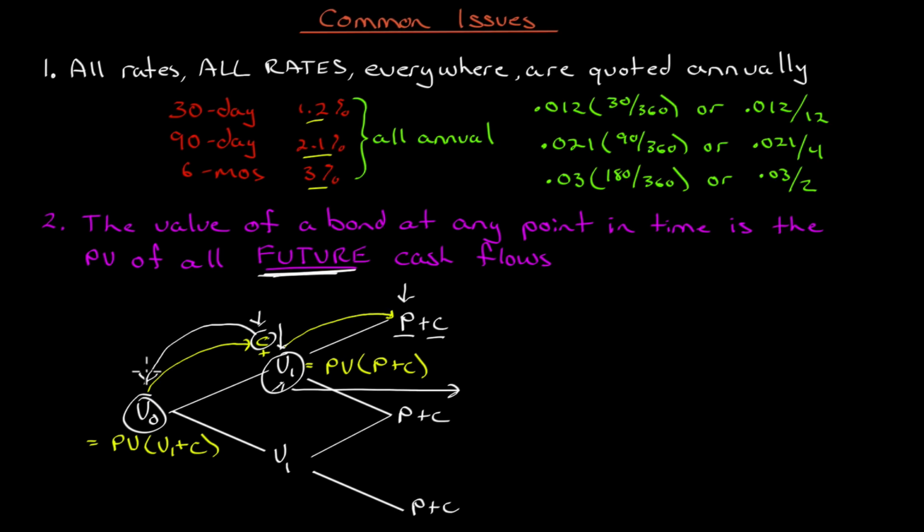If the question asked what amount at this node would be used to discount back to the previous node, then you would add the coupon on. But if it is only asking for the value of the bond at a particular node, the value of any bond at any point in time is just the present value of all future cash flows. Any coupon here belongs to the previous node.